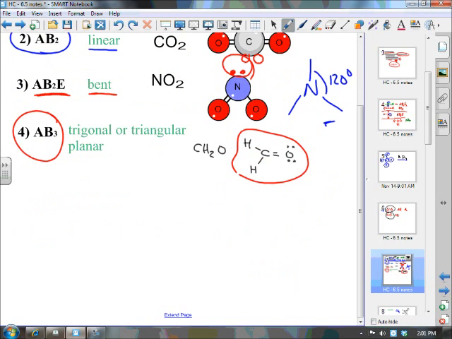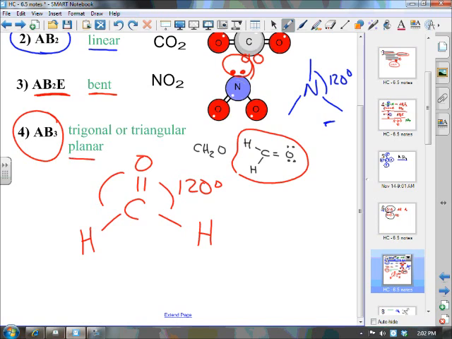Here we have a carbon in the center with three atoms. So what do they tend to do? Again, they're not going to form a straight line or any type of plus sign or cross sign. What they're going to form is something that is equidistant apart. So all three of those bonds will be exactly 120 degrees apart from each other. So what we have is a triangle of atoms that are in one plane. You're not going to see the plane effect until you actually put some of these models together in class, which you'll need to do.